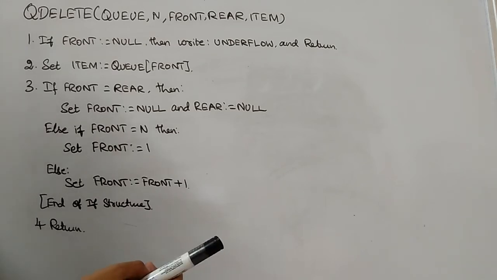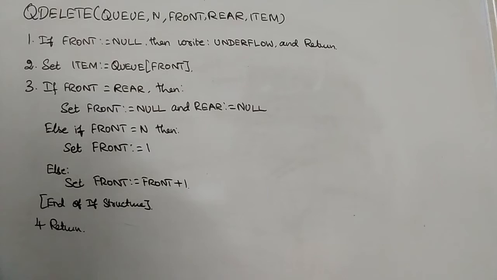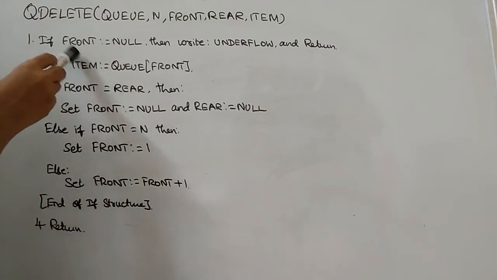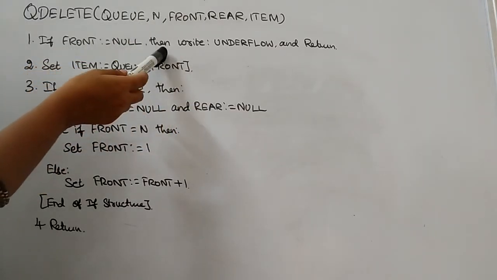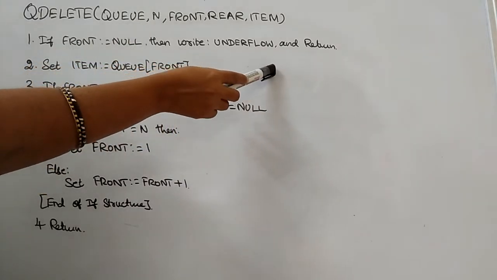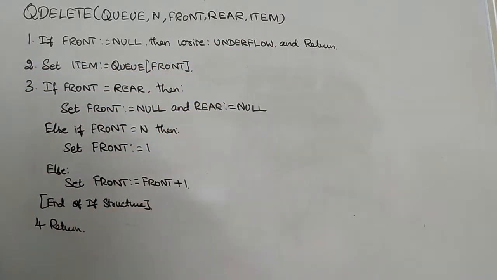When I try to delete an element from an empty data structure, underflow will occur. That's why here we are checking whether the value of front is equal to null. If it is equal to null, then we prompt the user as underflow.